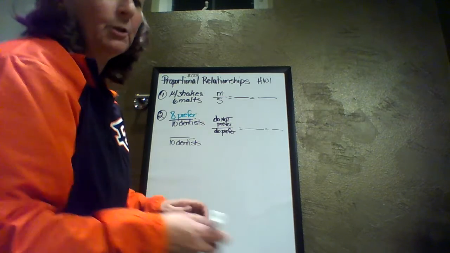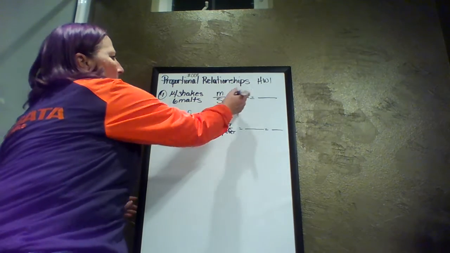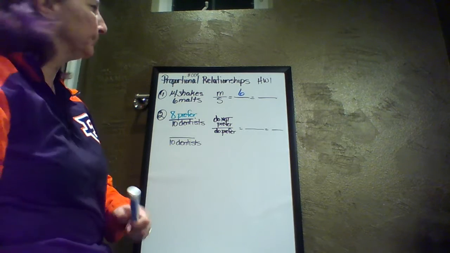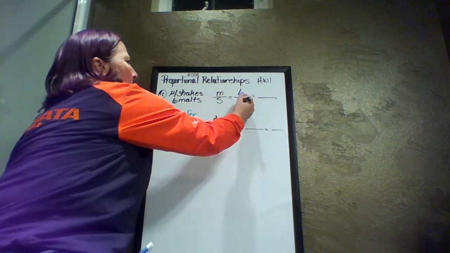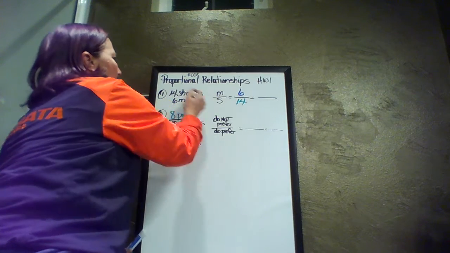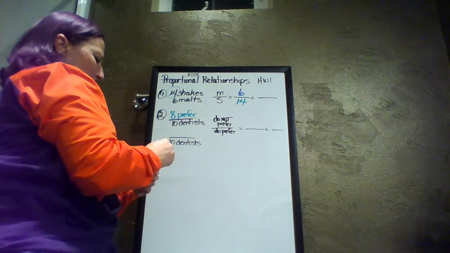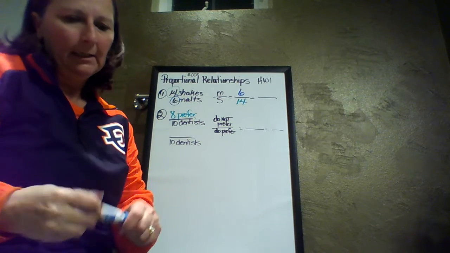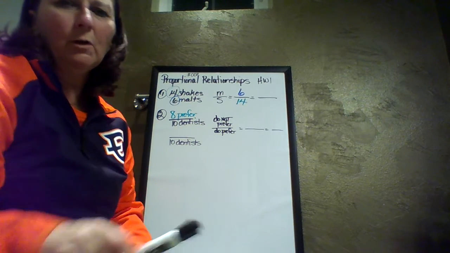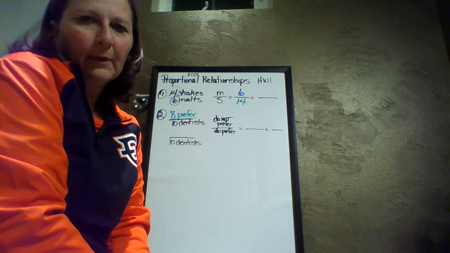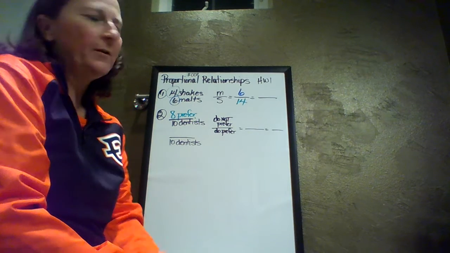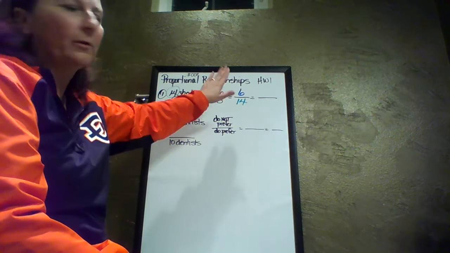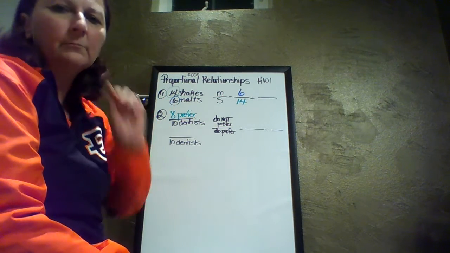So if I'm going to do malts to shakes, 14, okay? And 6 on the malt side. Then I need to simplify. Remember, if I simplify, I'm looking for a number that I can divide into both the numerator and the denominator.